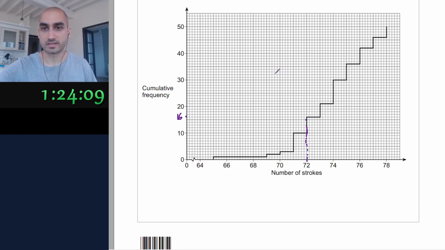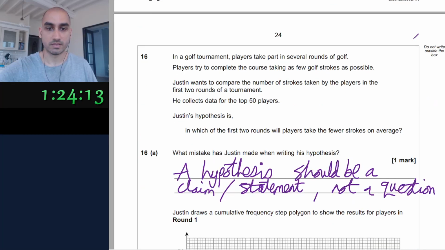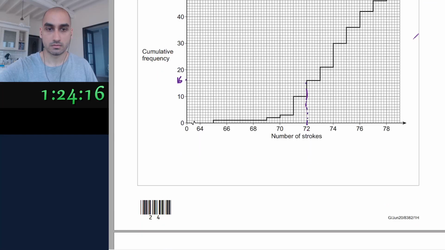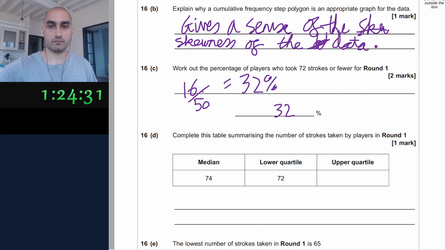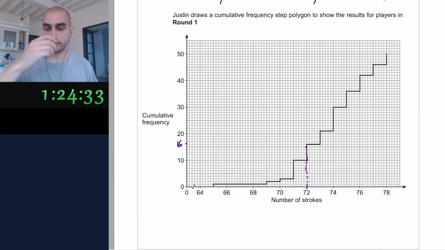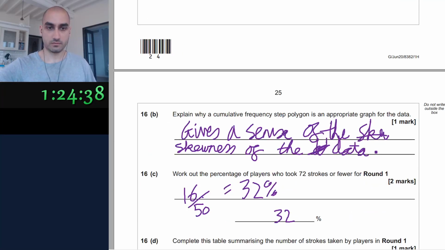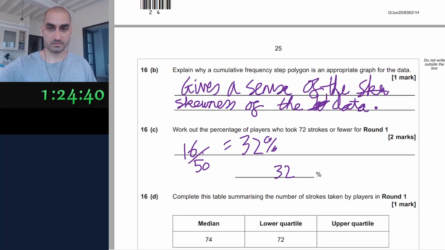It's the upper end, because the bar at the end reaches 50. There's 50 people. 16. I'm not really sure about my answer for 1B. Can't think of something better though.